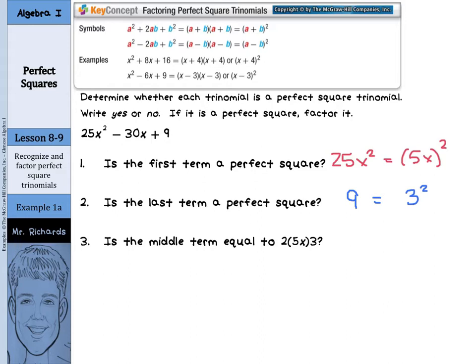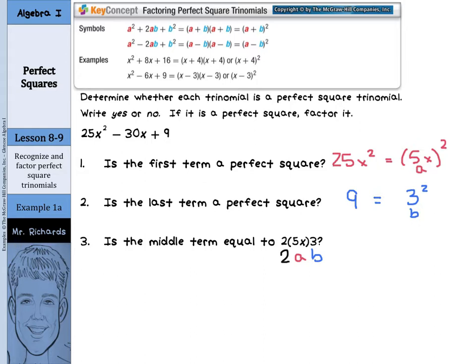Now, when it asks this third question, is the middle term equal to 2 times 5x times 3? What we need to look at here in our rules is 2ab. And what this really is, is 2 times a times b, where the 5x is my a and the 3 is my b.